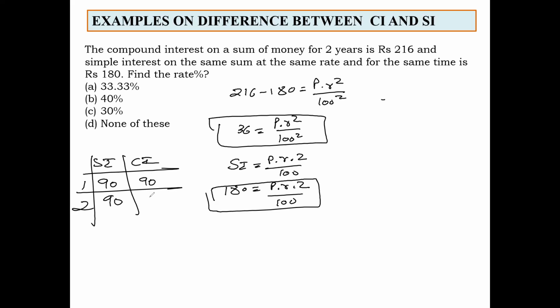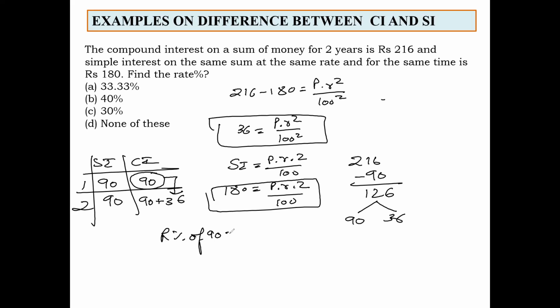So what is the compound interest in the second year? Total compound interest was 216, out of which 90 was in the first year, therefore 126. And this 126 I can again split. One part of it has to be 90, the interest on the principal. What will be the remaining or extra part? The extra part will be 36. And therefore we can say that this 36 is interest on this interest. We got interest of 90 rupees in the first year, and therefore R percent of 90 is equal to 36. And this directly gives me the answer.